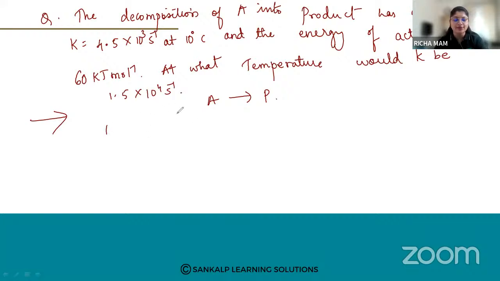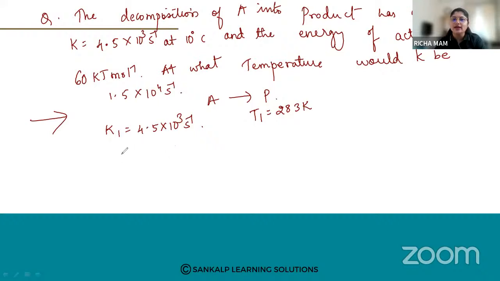So here k1 is 4.5 into 10 raised to 3 per second at 10 degrees Celsius. At 10 degrees means, your normal temperature is 273, so 273 plus 10 will be 283 Kelvin. So T1 will be 283 Kelvin.